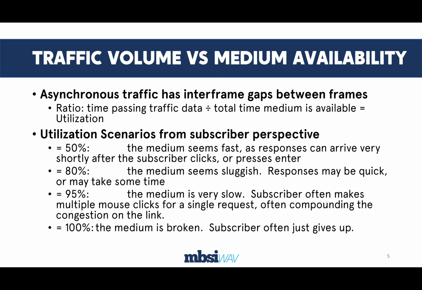What this does is generate multiple requests of the same information, which congests the link even more, because the first click was actually heard by the network, and the network's trying to respond to it, but it can't. Then it gets the second, third, fourth click, so it's like quadrupling the activity on the network, all because the medium is highly utilized and very slow.